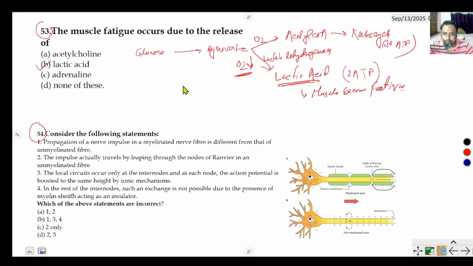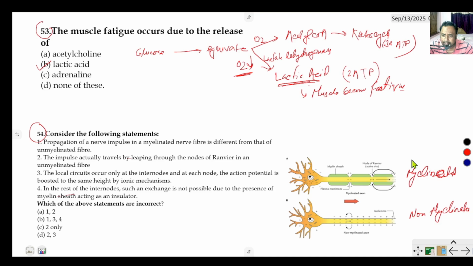So let us know that on the basis of the myelin sheath on the axon, there are two types of nerves present. That is myelinated, where the myelin sheath is present, and non-myelinated, where the myelin sheath is not present.